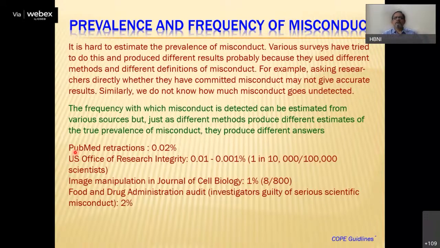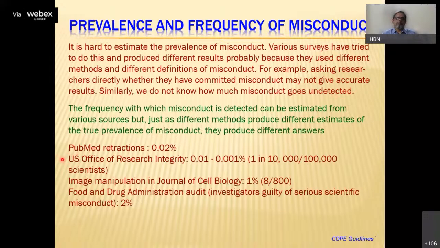For example, asking researchers directly whether they have committed misconduct may not give accurate results. Similarly, we do not know how much misconduct actually goes undetected. The frequency with which misconduct is detected can be estimated from various sources, but just as different methods produce different estimates, they also produce different answers.